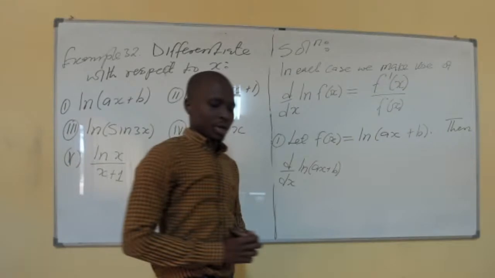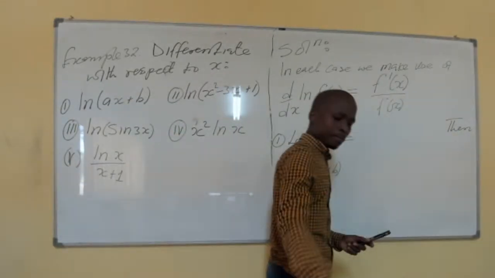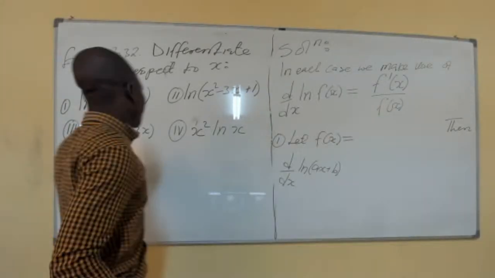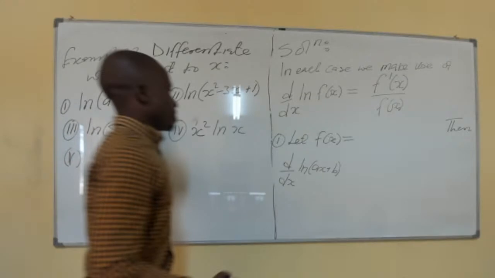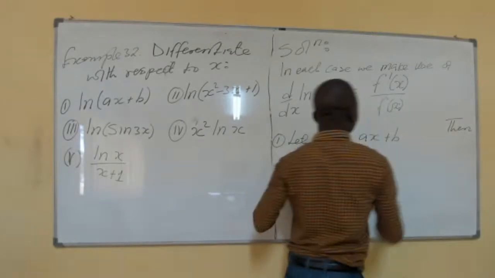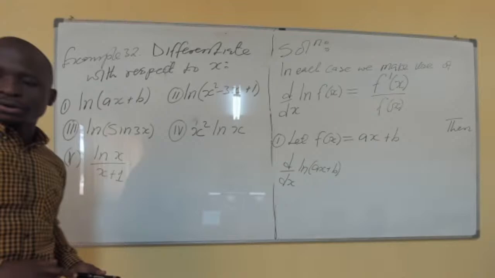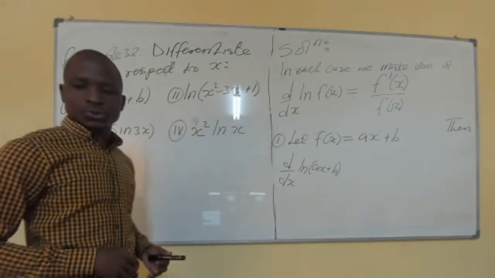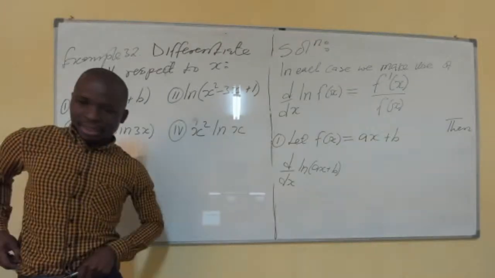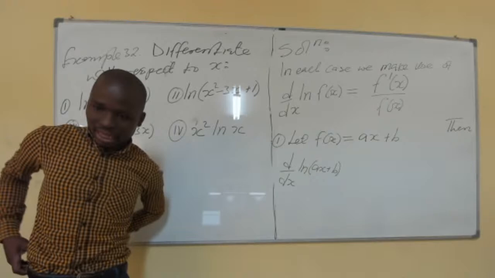We are supposed to say let f of x be equal to ax plus b, not what I wrote at first. If you check your notes, I think there was also a typo there.